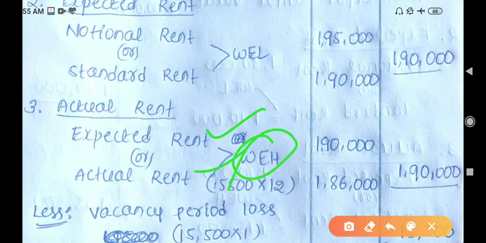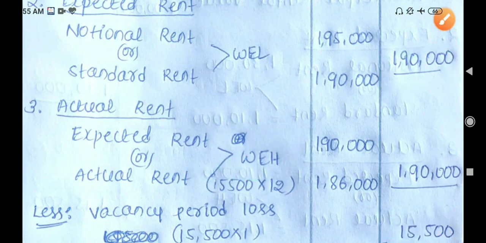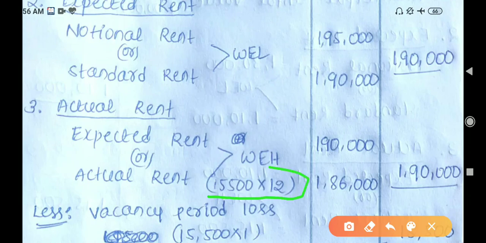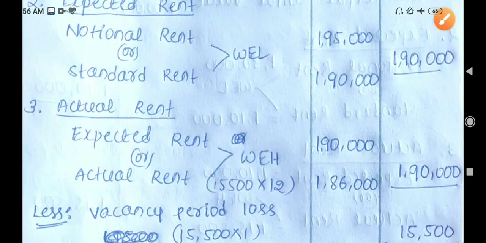Expected rent, which we got in step number 2, is 1,90,000, and actual rent in the question is 15,500 per month. If you multiply with 12, you will get 1,86,000 as the actual rent. Whichever is higher, 1,90,000 is the higher amount, so that is taken into consideration.